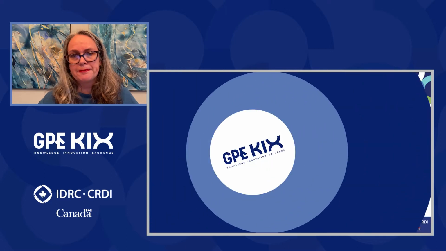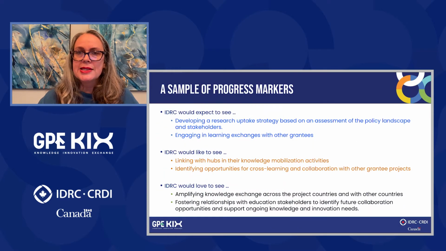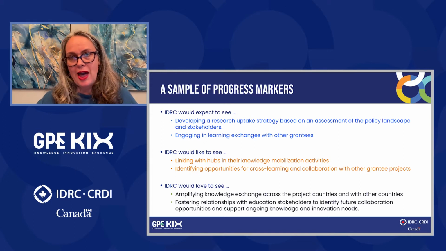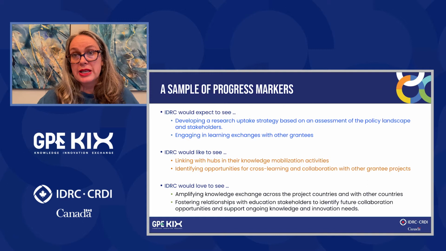Next slide, please. And as mentioned, these are all captured in more detail in that set of progress markers that you have in your package of MEL tools. These are just a few examples of the progress markers that are in that whole list.